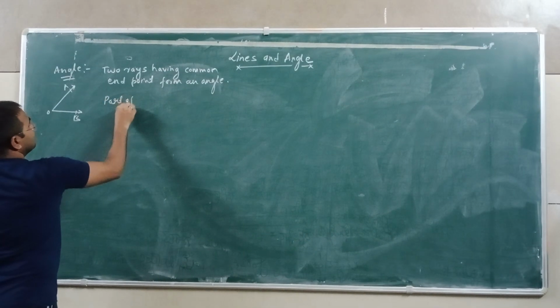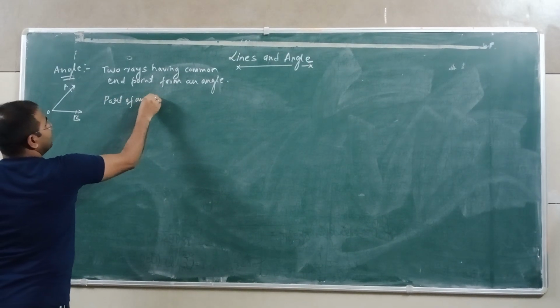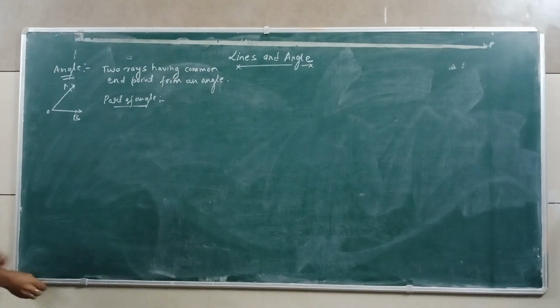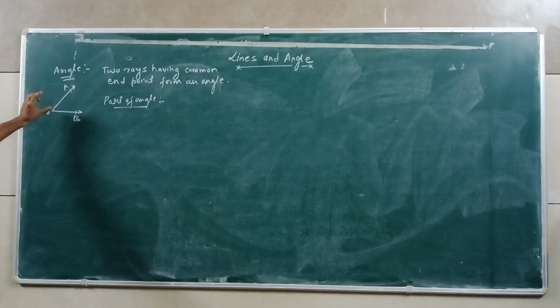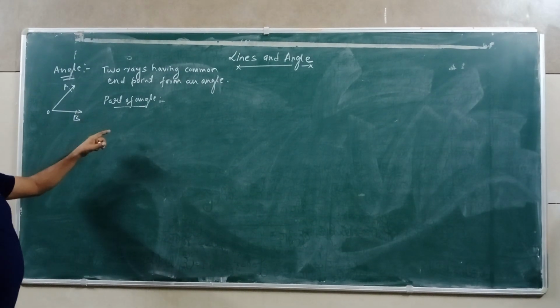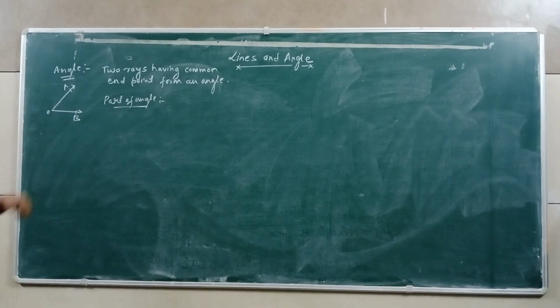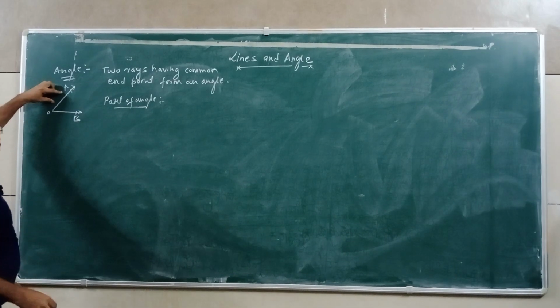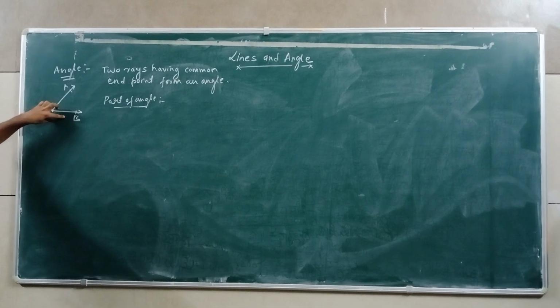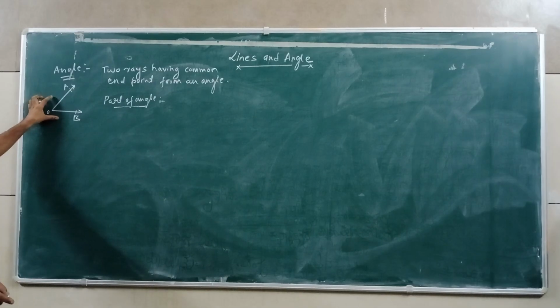Now we will talk about the parts of an angle. Two rays by which an angle is formed are called the arms of the angle. This OA and OB are called the arms of the angle. So how will you define this?